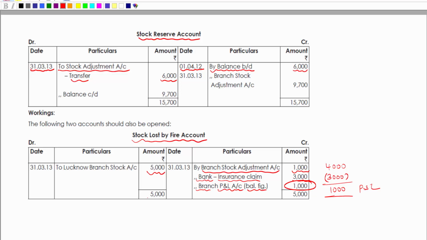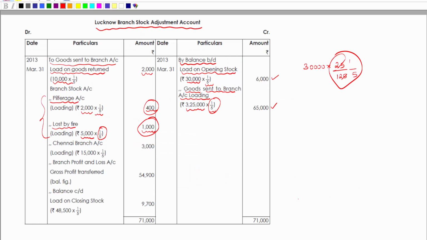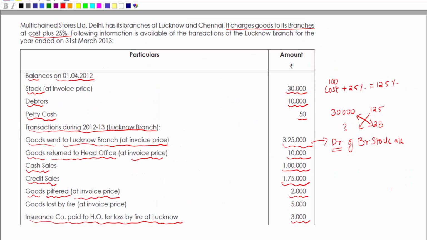And how did I get this balancing figure? On debit we have 5,000. So on credit also that 5,000 has been written. 5,000 minus 4,000, we have the balancing figure which should go to branch P&L. Okay, so in this way we were able to find out what is the exact loss on account of fire. Now going back, so we have covered all the items in this page.